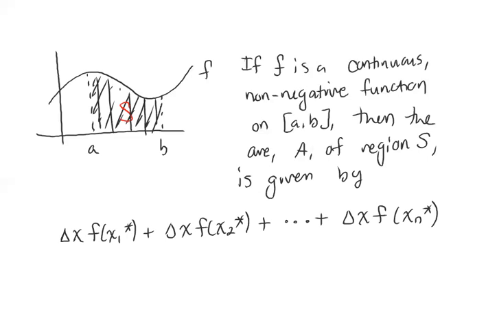Which we could represent using summation notation as the sum from i equals 1 to n of delta x times f of xi star.